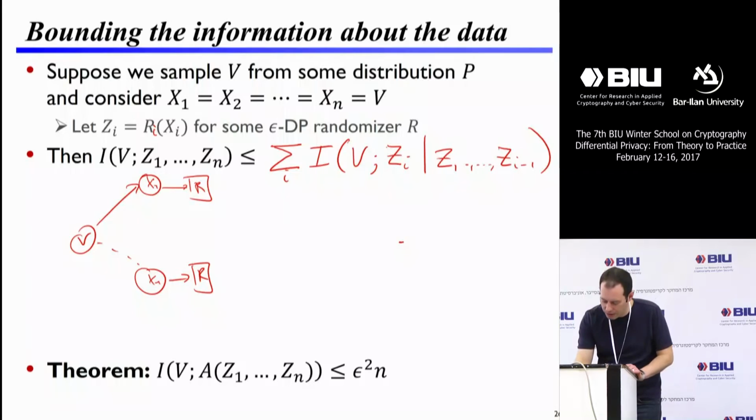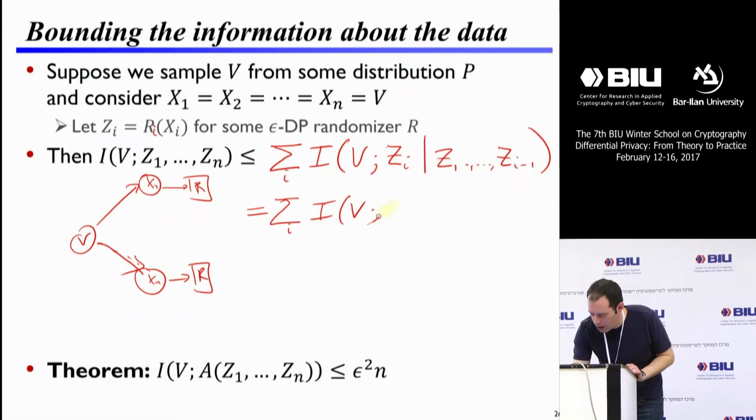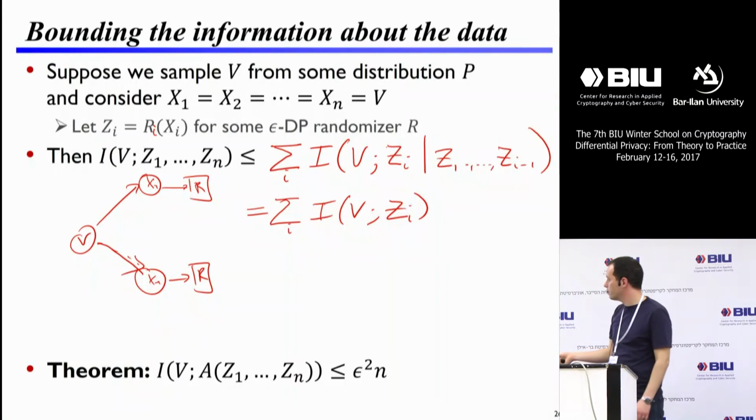But because of the particular structure we have here, the conditioning step doesn't actually change the mutual information. And so this is actually equal to the sum of the mutual information leaked by each of the points individually.